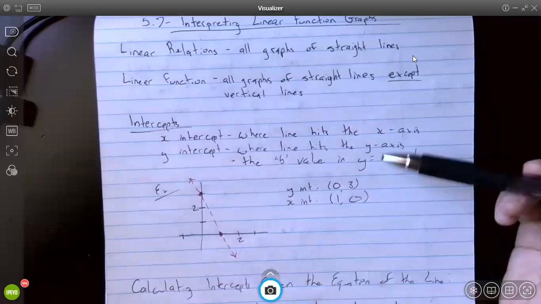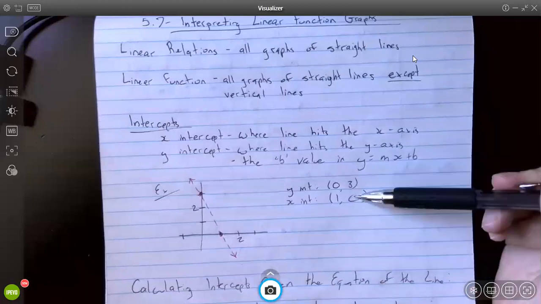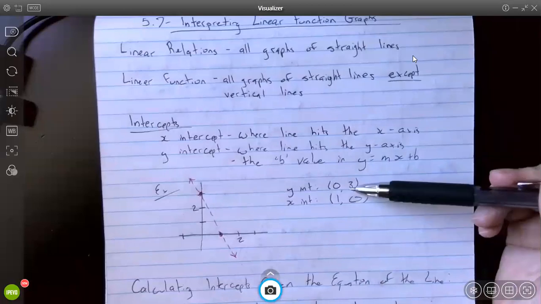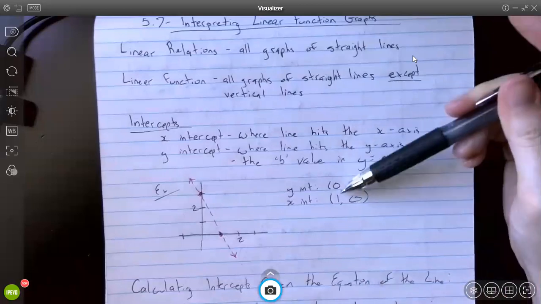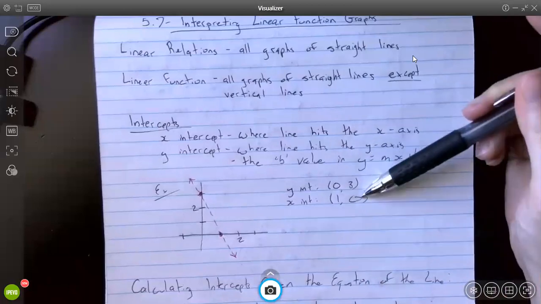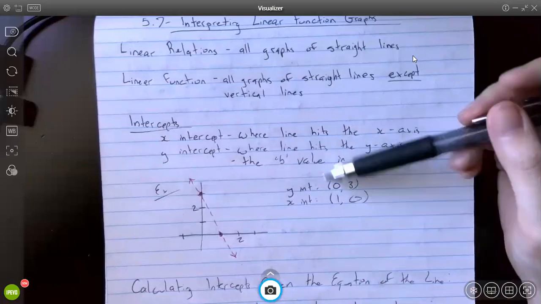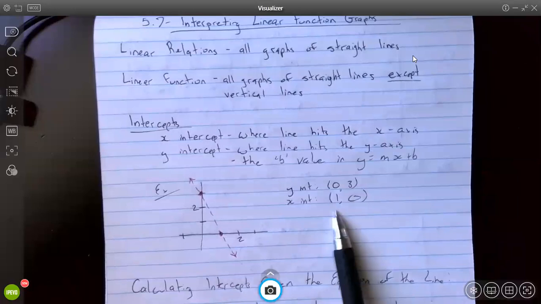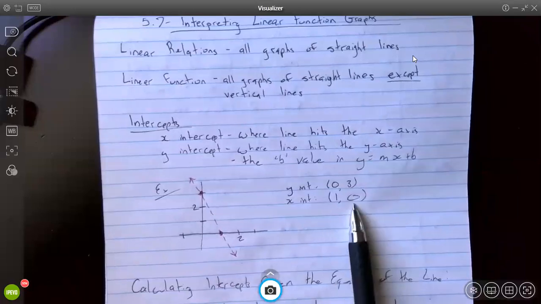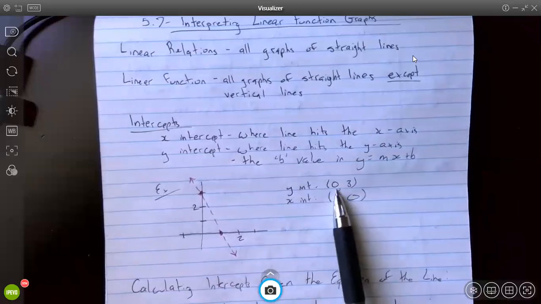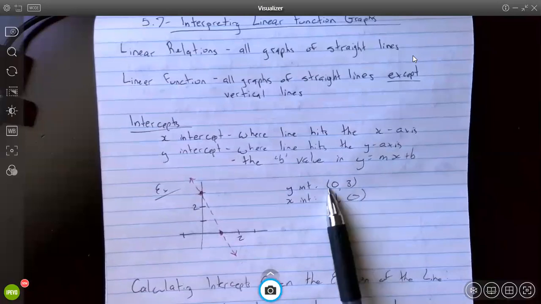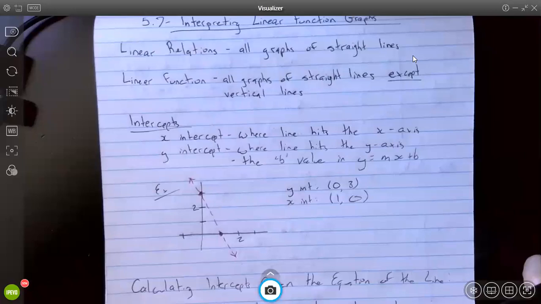You will notice that with the x-intercept, the y value is always 0, and with the y-intercept, the x value is always 0. And we're going to use that information to calculate intercepts when given just the equation of the line.